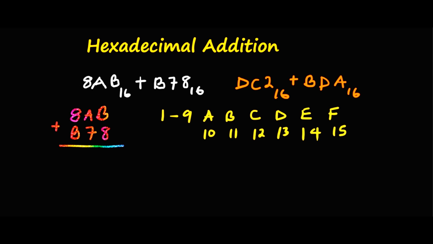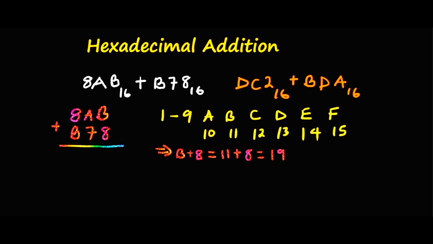So the first step is to take B plus 8. So yes, right there, you have B plus 8. So B is 11. So it's like you have 11 plus 8, and that will give you 19.